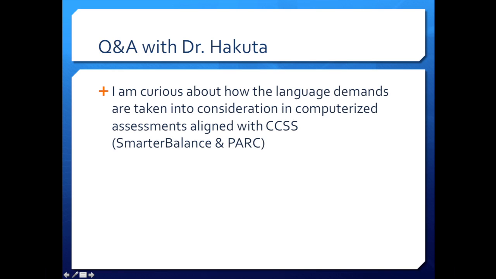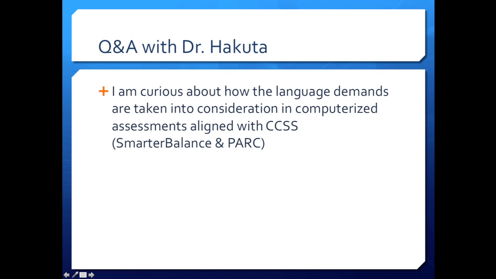So there's a little bit of work around that being done, but there's always this tension with assessment about what it means to accommodate for language, meaning do you take out or do you simplify the language? But that's especially challenging when, in many ways, language is much more tied to the content.